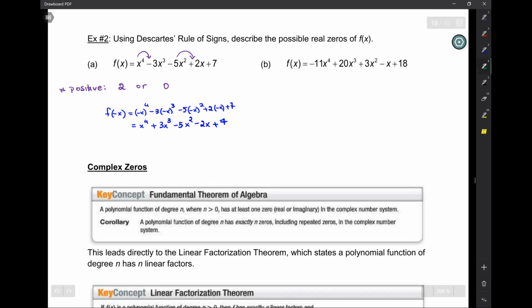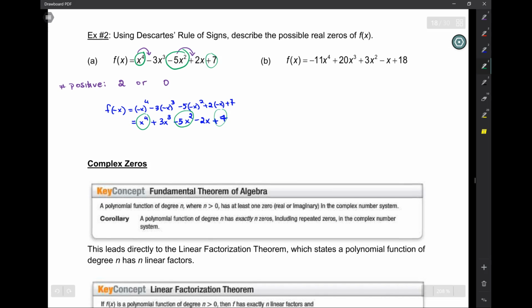So look at what happened. Comparing f of x to f of negative x. All the ones with even exponents kept their sign. Do you see that? All the ones with odd exponents switched their sign. Okay? The constant will keep the sign. So the next one we'll do it with that shortcut.